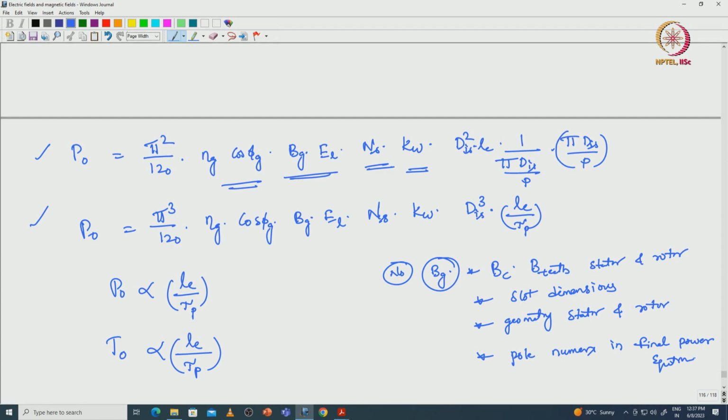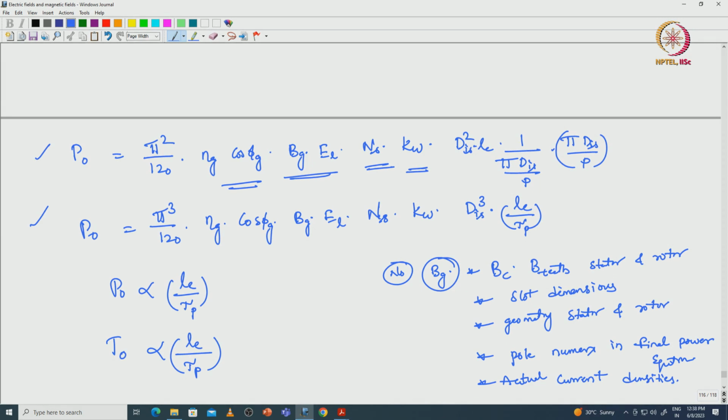And then actual current densities also we have not considered. These many things we have not considered.